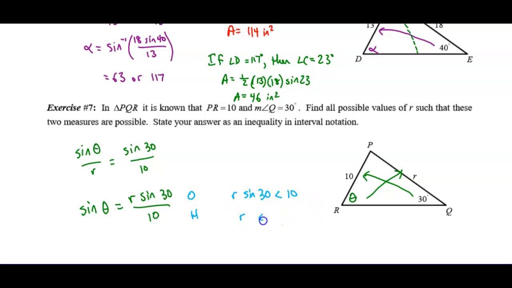So that R value has to be less than 10 divided by sine 30. 10 divided by sine 30, if you just put that into your calculator, comes out to 20. So R must be less than 20, but I can't just leave it like that because R has to be something positive. So R is between 0 and 20, and it wants interval notation. So that would be from 0 to 20 written as an interval.